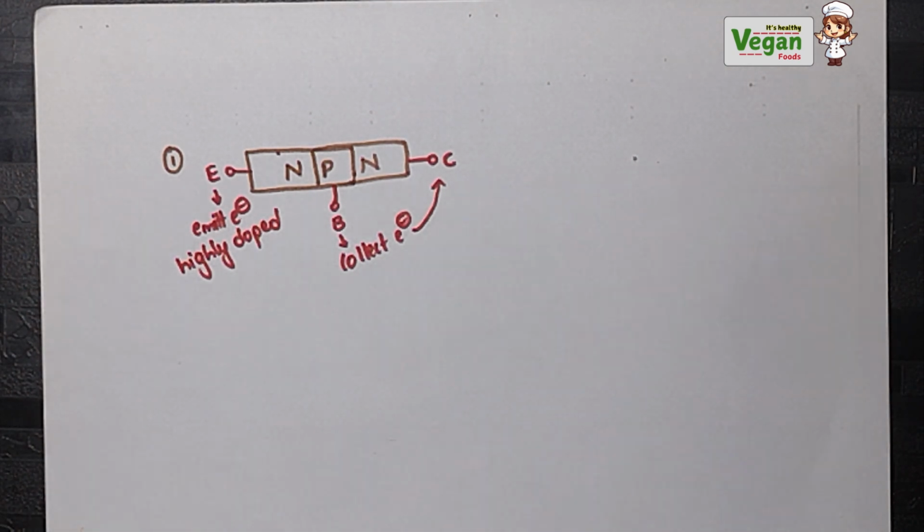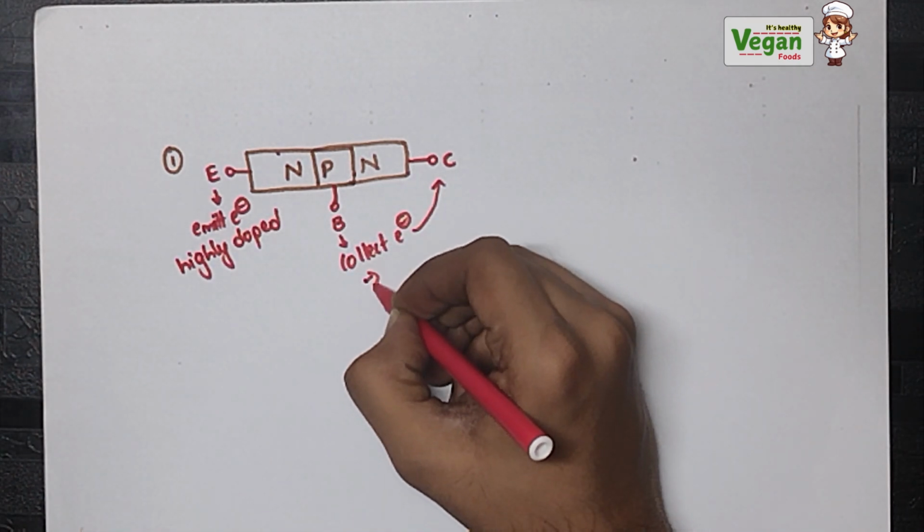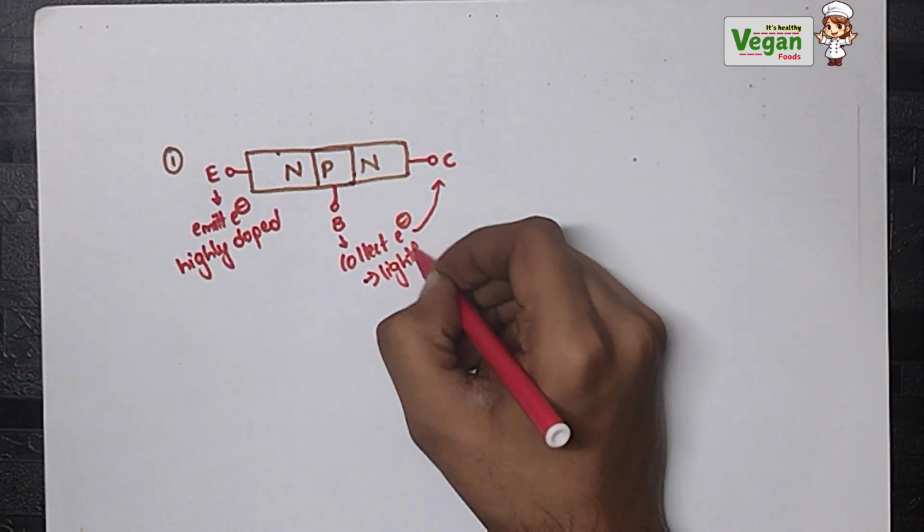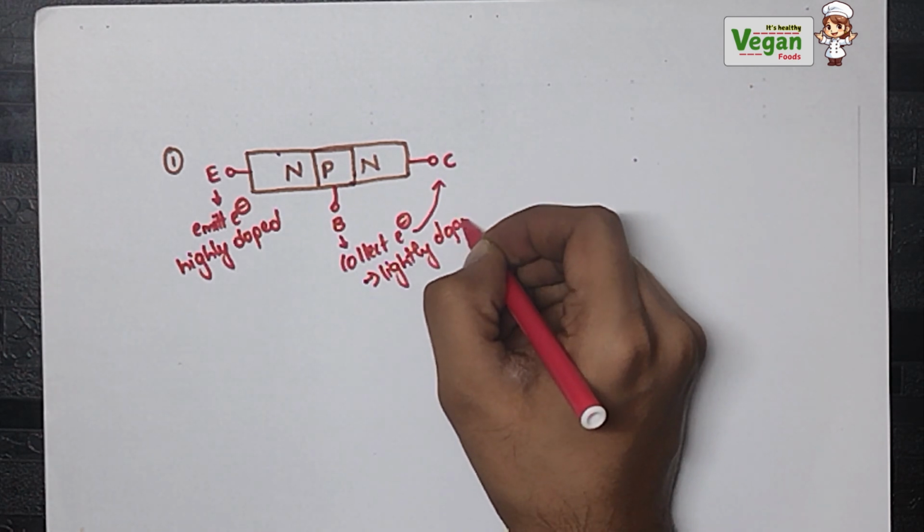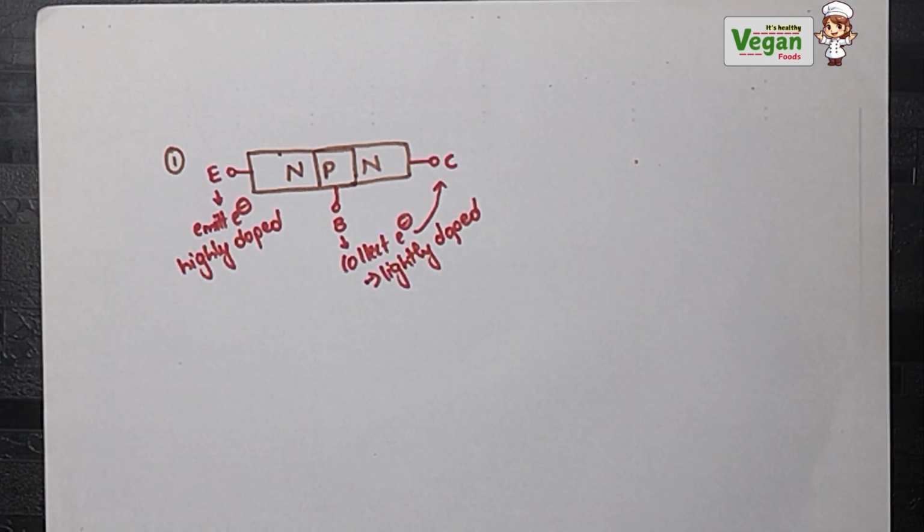This base region is a lightly doped region, and the collector will collect the electrons which are emitted through the emitter and start conduction, because electrons are needed for the conduction of the charges or the current.